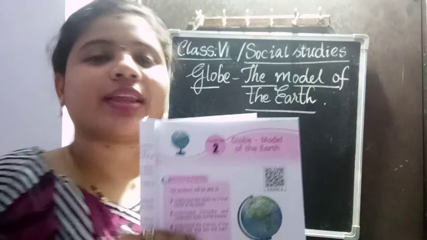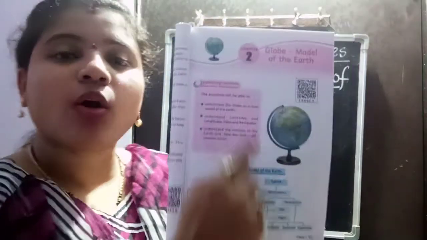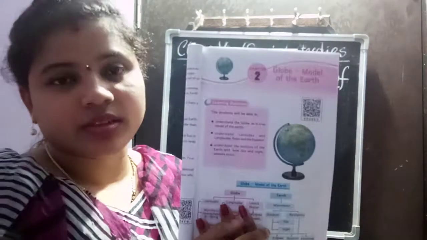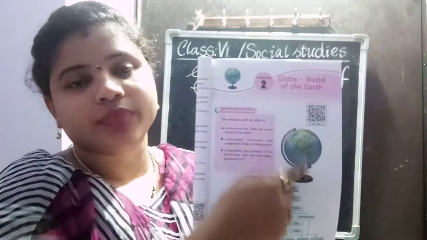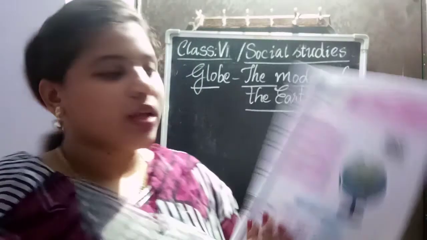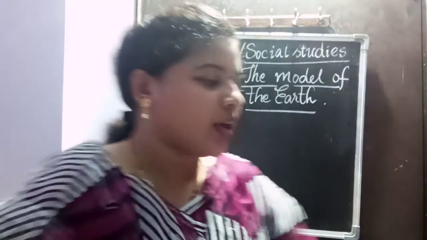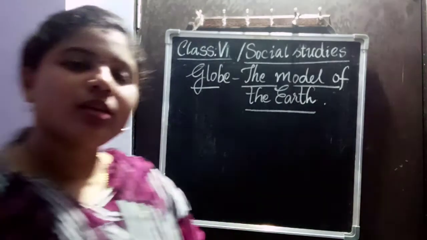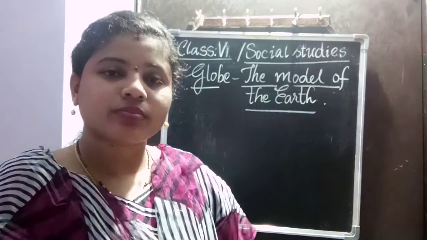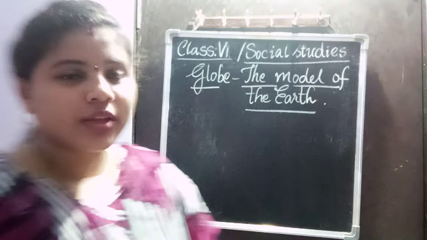Like the axis on the earth, we also see some other lines on the earth. Yes, you're correct, the other lines we see are latitudes and longitudes. We have learned about them very well. Latitudes are the horizontal lines.